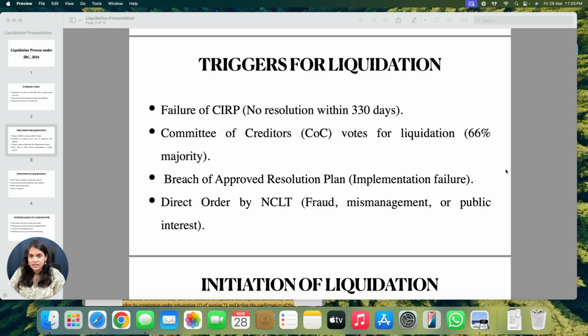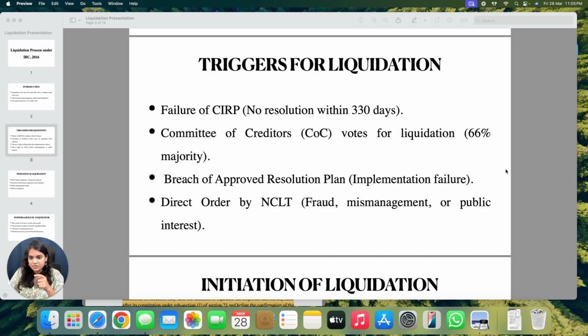Or, it can order liquidation if a resolution professional files an application before the adjudicating authority stating that the committee of creditors, in their commercial wisdom, have opted for liquidation. For this application for liquidation to be filed, the committee of creditors need to convey their decision with a 66% voting majority.